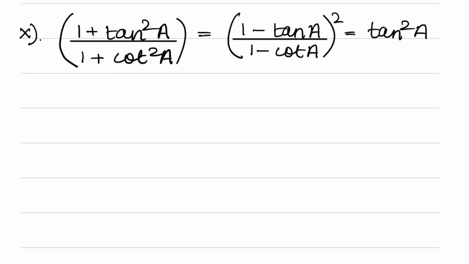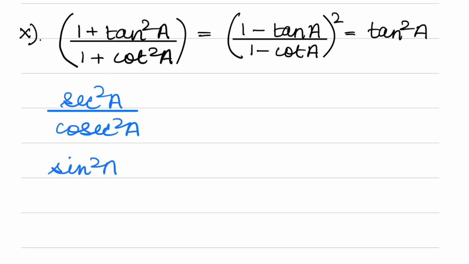So we have 1 plus tan square A, which can be written as sec square A, and 1 plus cot square A, which can be written as cosec square A. Then sec is the inverse of cos and cosec is the inverse of sin. So I can write this as sin square A by cos square A. This is equal to tan square A.